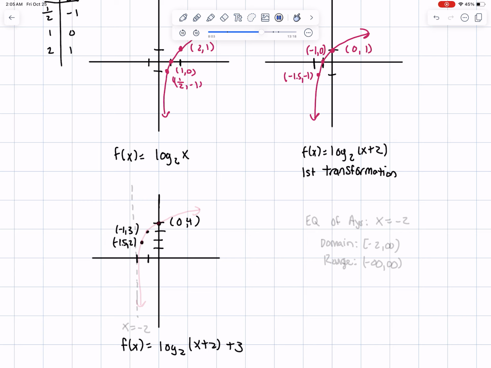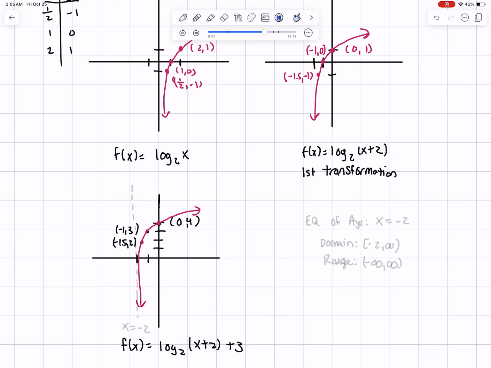Okay, so change the color on these, and now we have our final graph. So now our question is, what is the equation of the asymptote? Let's look at the original equation, right?